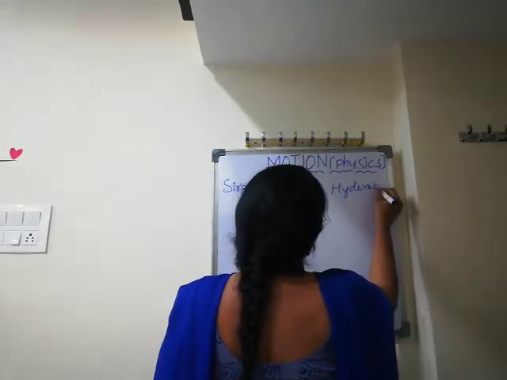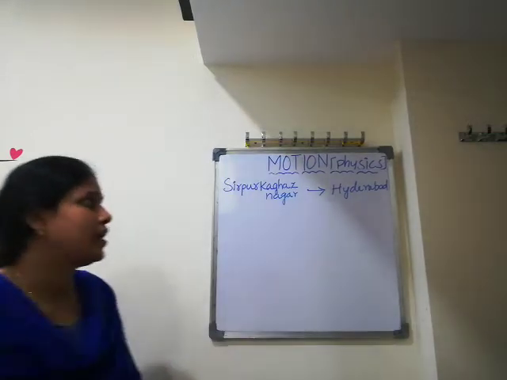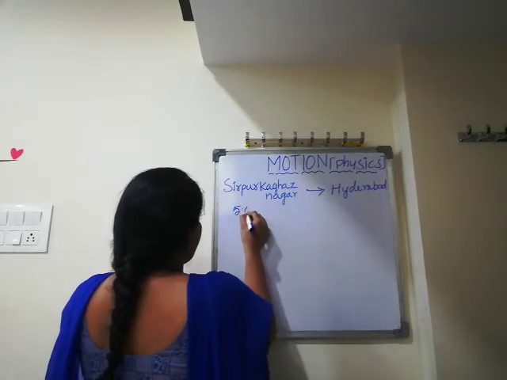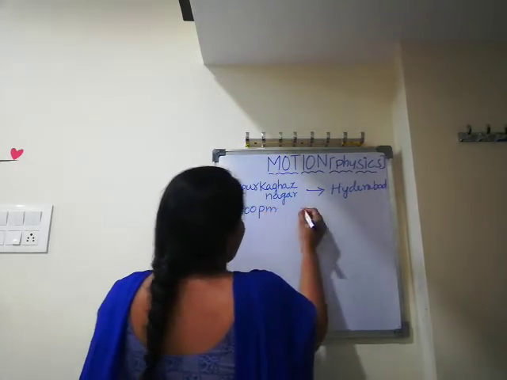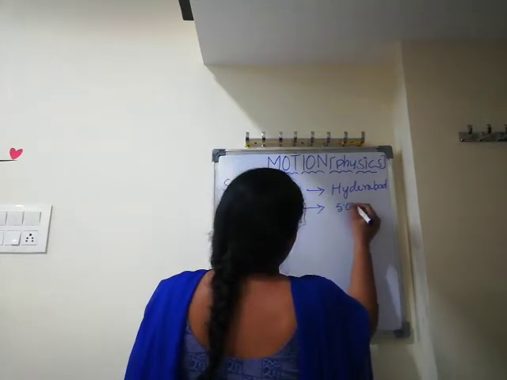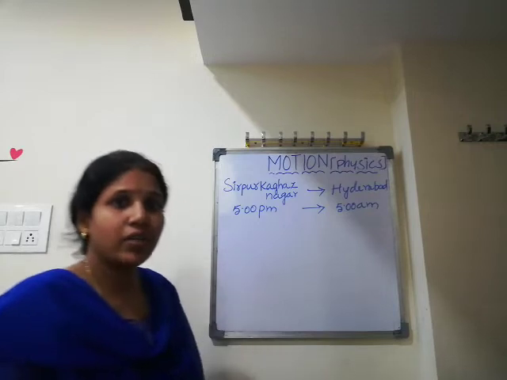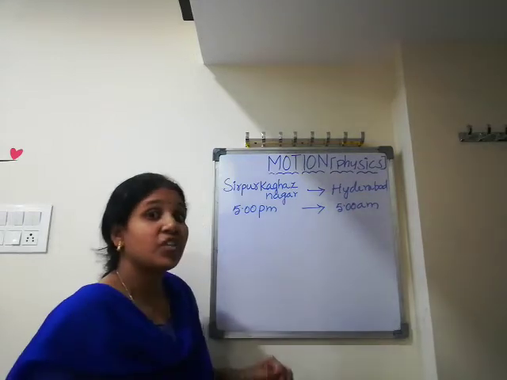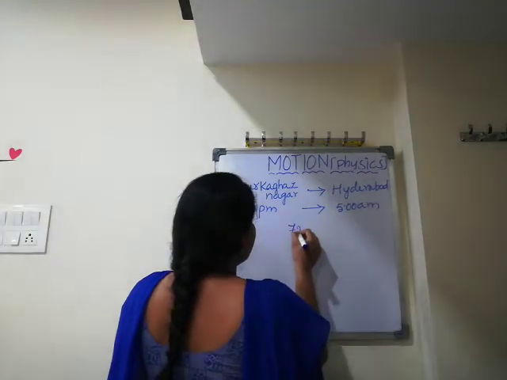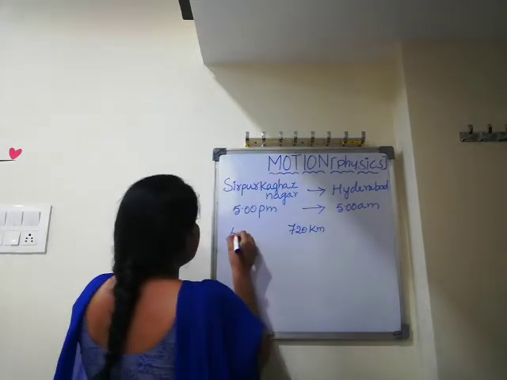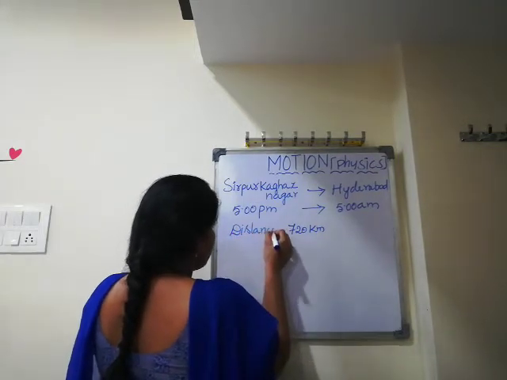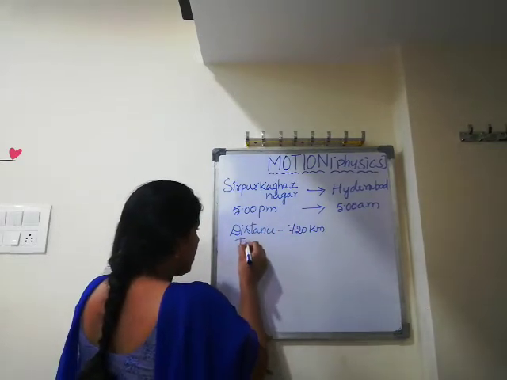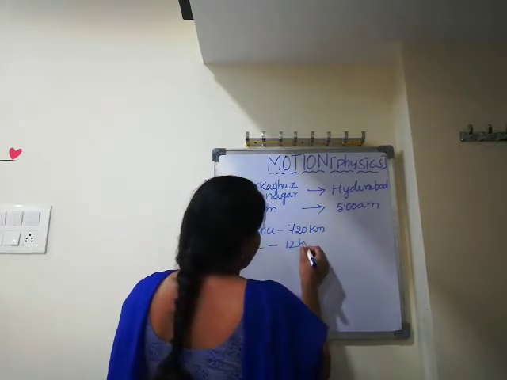It starts at Sirpur Kagajnagar at 5 p.m. and reaches Hyderabad at 5 a.m. the next day. The distance between Sirpur Kagajnagar and Hyderabad is 720 kilometers, and this 720 kilometers was covered by that train in how many hours? 12 hours. Clear, children?